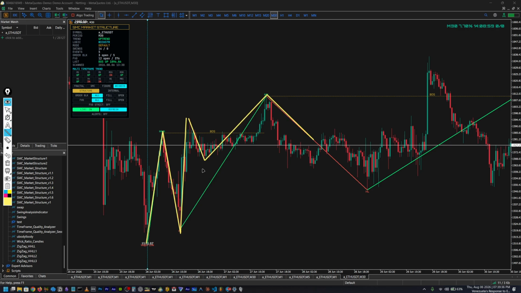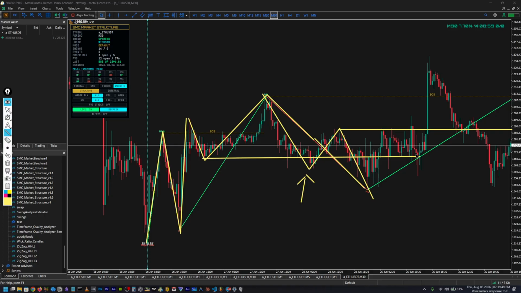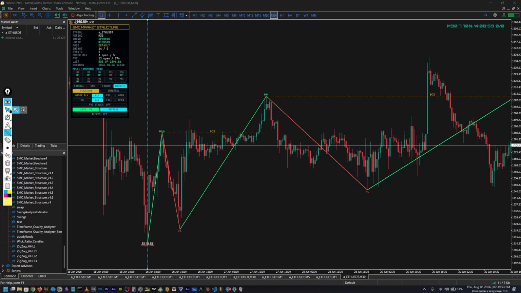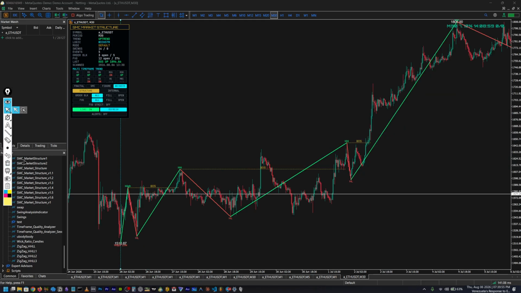Then you think this is a change of character, your stop loss gets hit, and you think the trend is going to change now. You find the ABCD, you add your stop loss here, and your stop loss gets cancelled. That's the problem, and that's why I developed this algorithm.